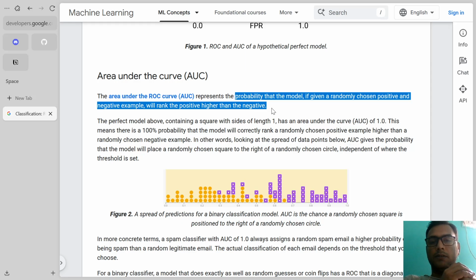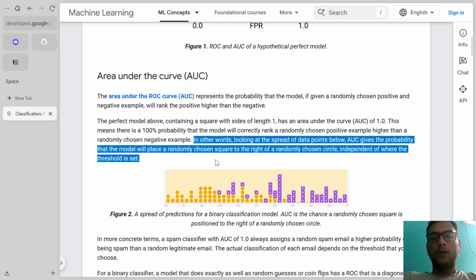What it means, looking at the spread of data points below, is that AUC gives the probability that the model will place a randomly chosen square to the right of a randomly chosen circle, independent of where the threshold is set.